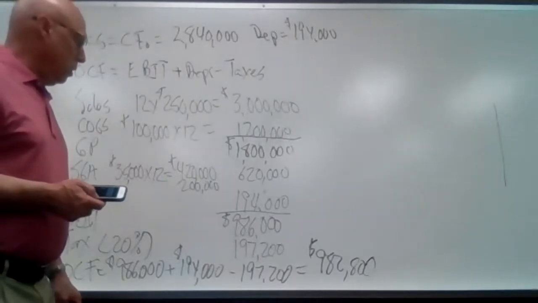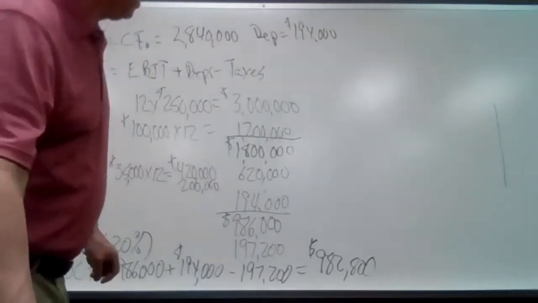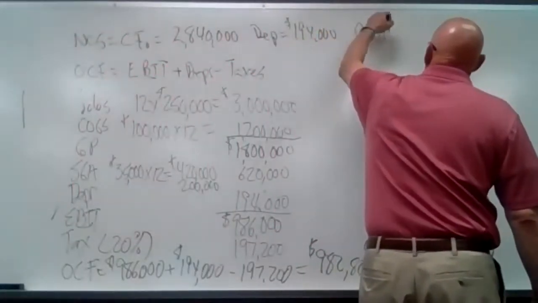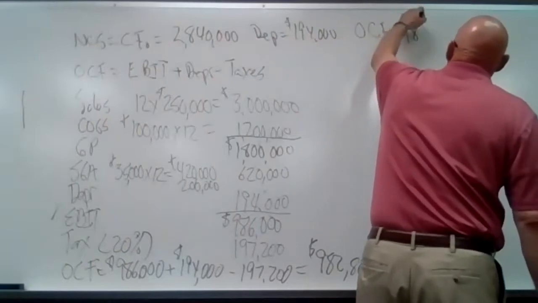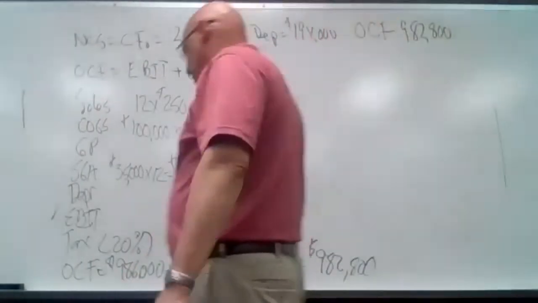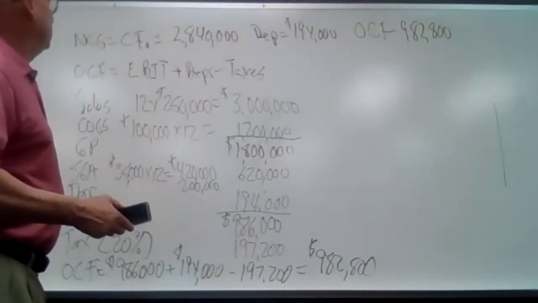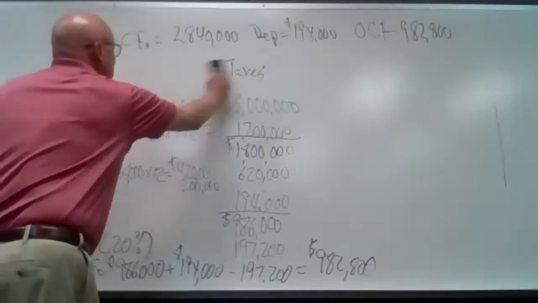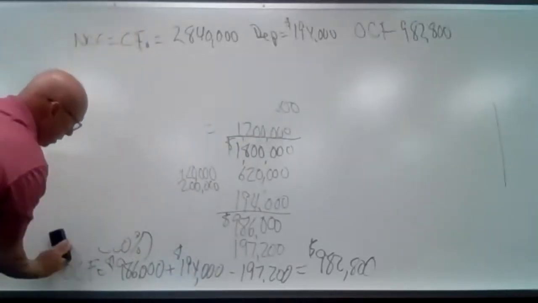All right. Now, I'm going to make a simplifying assumption here. So let's do this. OCF is 982,800. All right, so we can go ahead and erase this. I've got my electric cord set up here and it's right in the way.